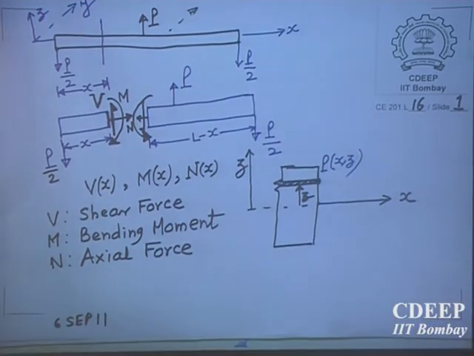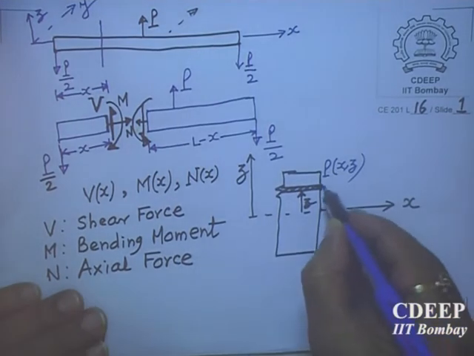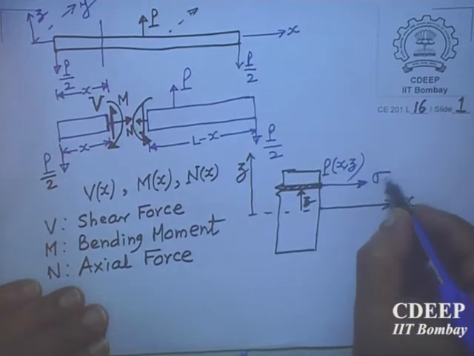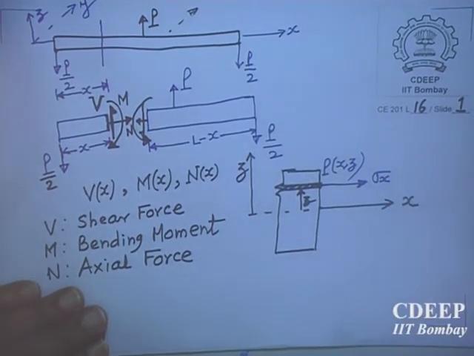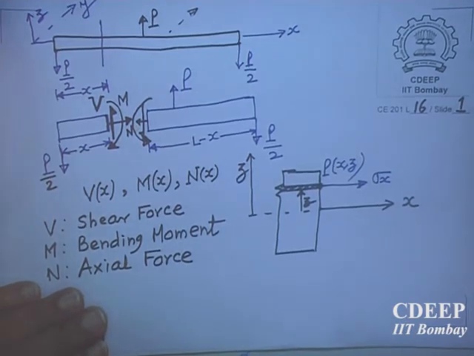Because this beam is bending, there must be a normal stress sigma x at any point P on this cross section.